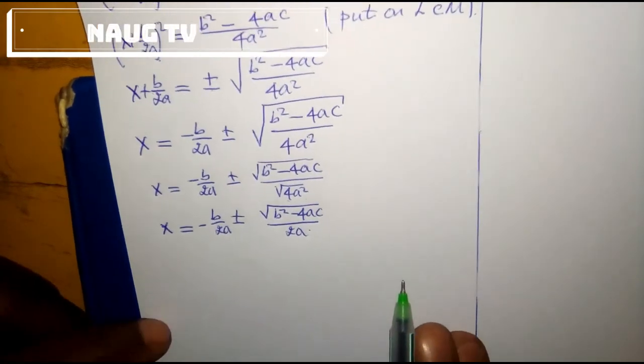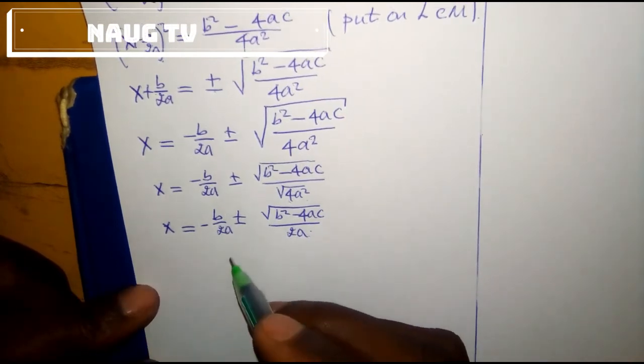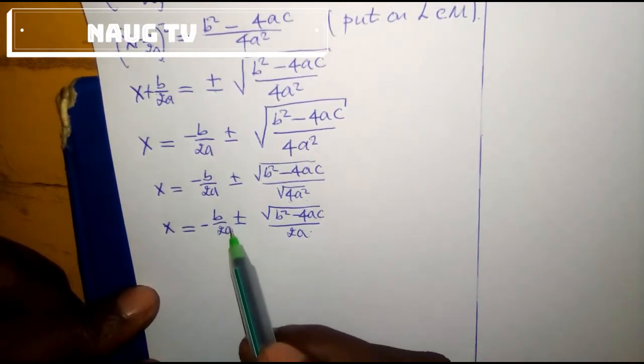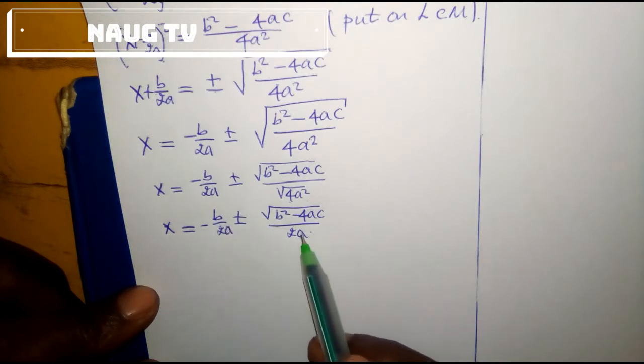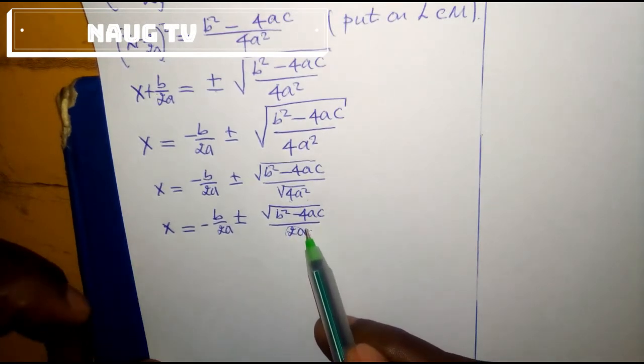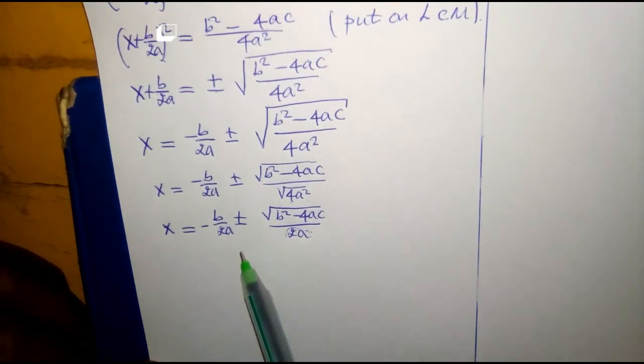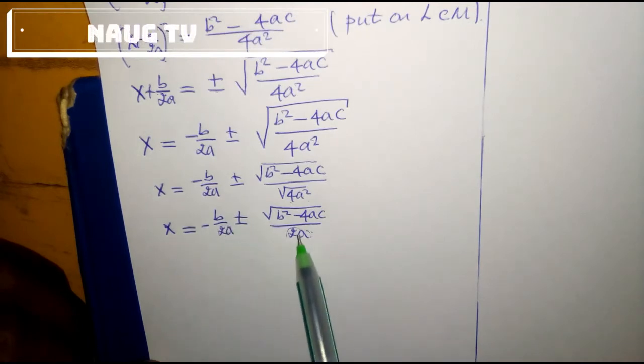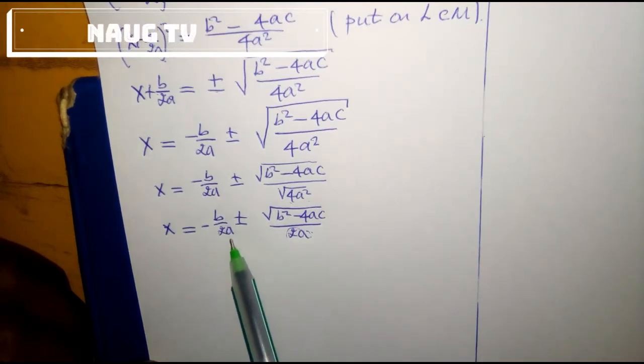So when you look here and you look here, you see that this looks like a common denominator.